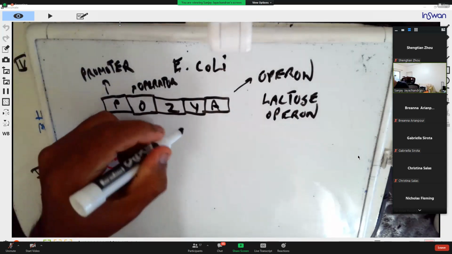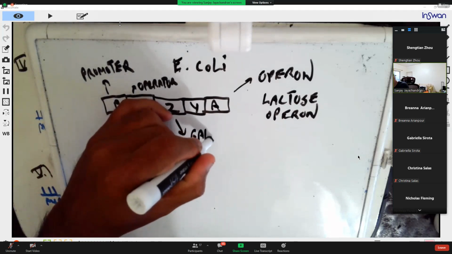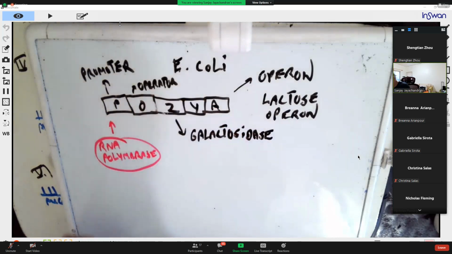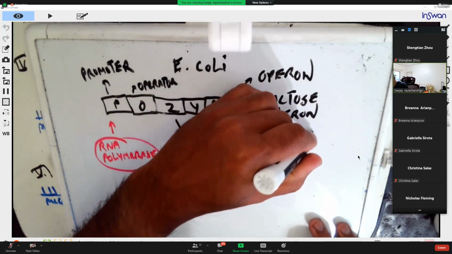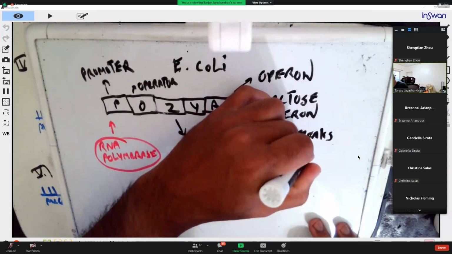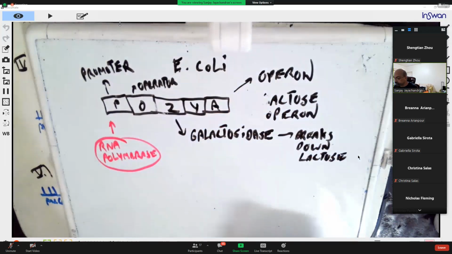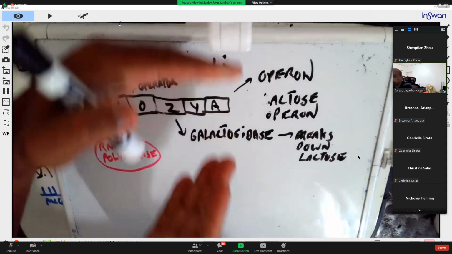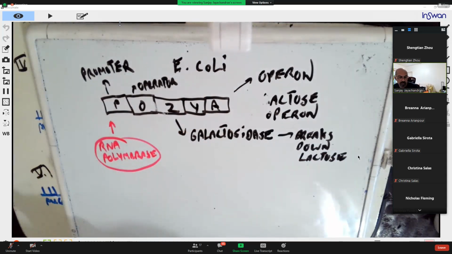They all code for proteins, and the galactosidase breaks down lactose. So the RNA polymerase is going to land at the promoter, unzip the DNA, and transcribe all 3 genes, Z, Y, and A. And then we can go through translation later.